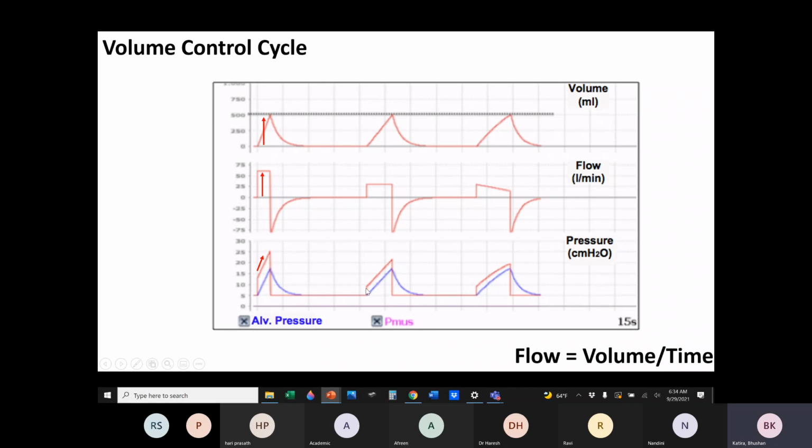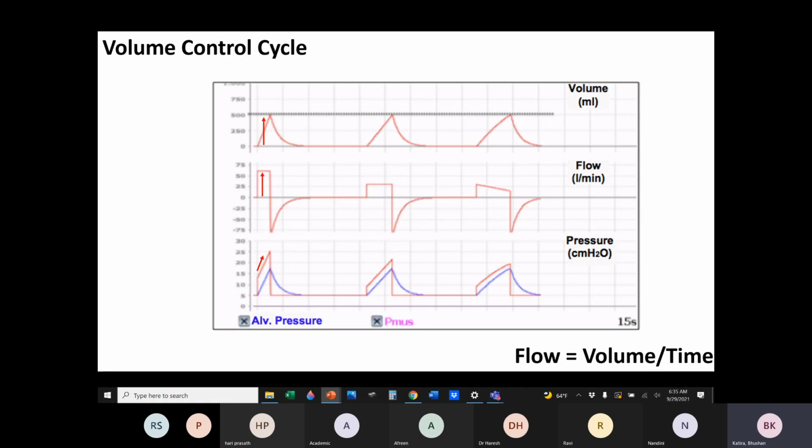Which would mean that the ability to equilibrate between the airway and the alveoli comes closer as the flow becomes lesser and lesser. Does this make sense? Very good. So the reason I say this is because this is not about how to set the ventilator.